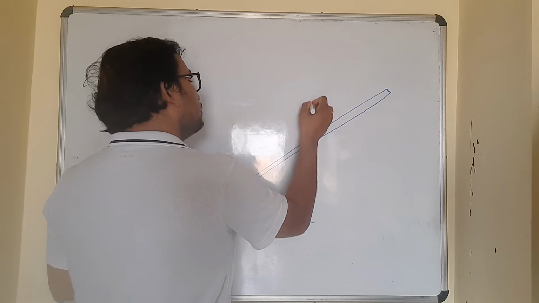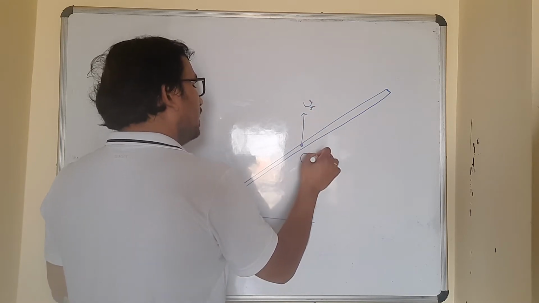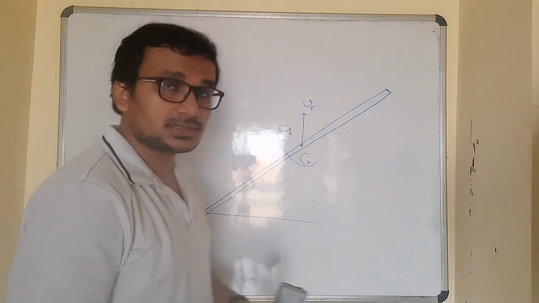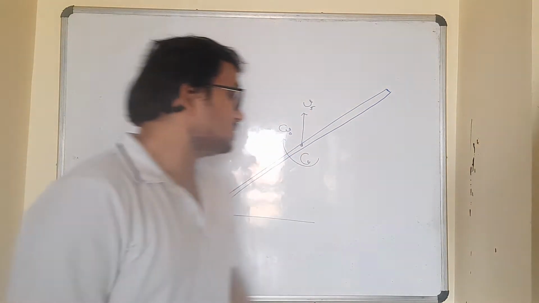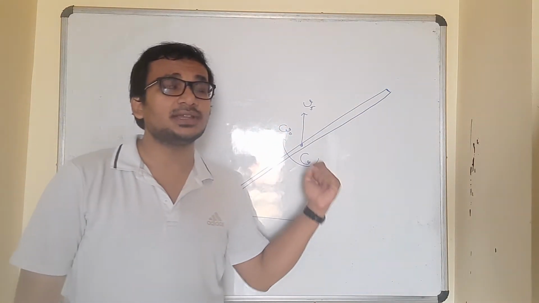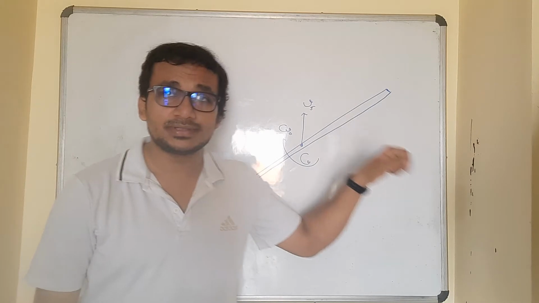Center of the rod, I'm assuming, gains a velocity Vf and an angular velocity omega naught in the clockwise sense. Yes. So now tell me, just after the collision, this thing happens. The rod gains a linear velocity of the center as well as an angular velocity about the center.